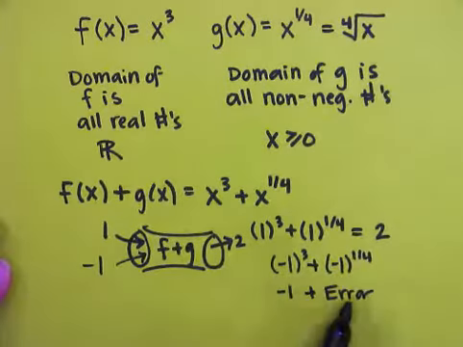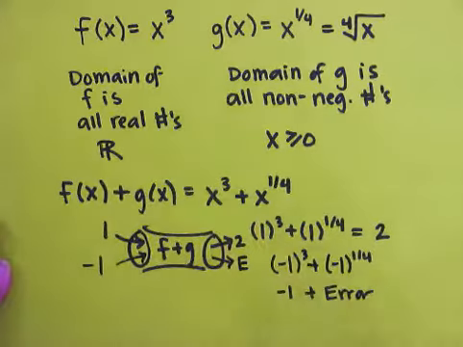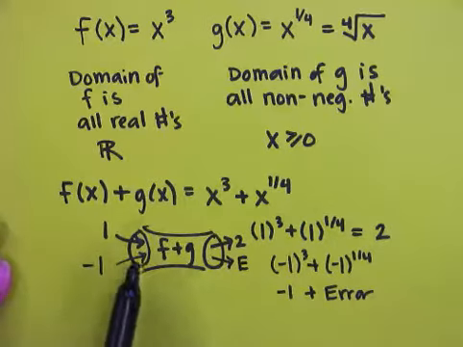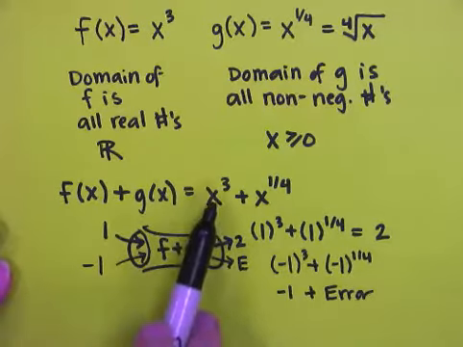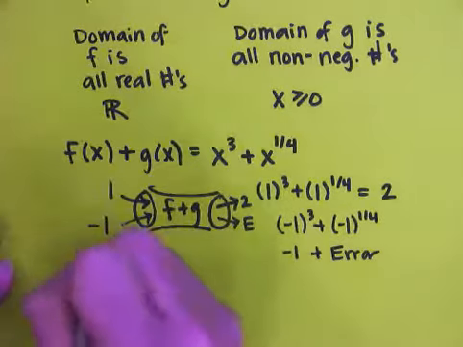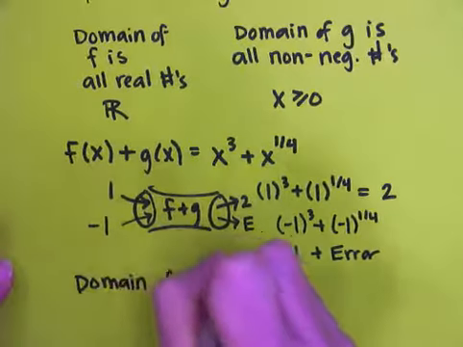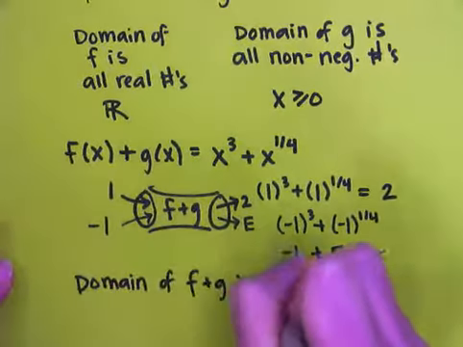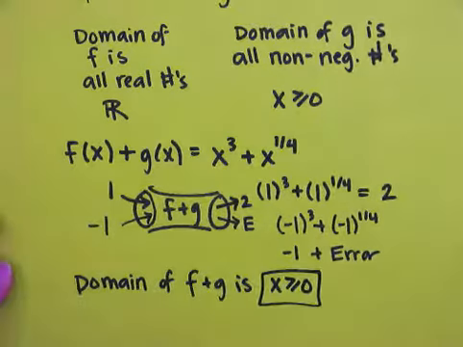And I can't add an error to a number, so what I would get out here is an error. This tells me that any number I plug into f plus g has to work for both of the separate functions, which means my domain here for f plus g is only non-negative numbers, or I could say x is greater than or equal to 0.